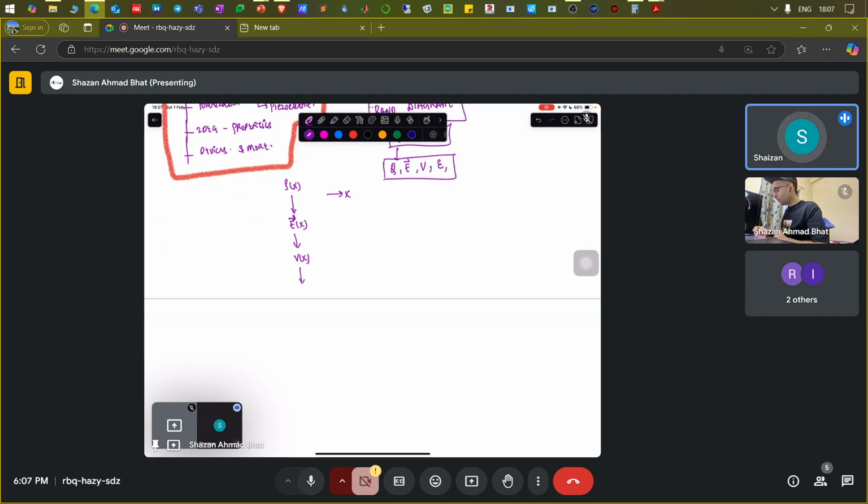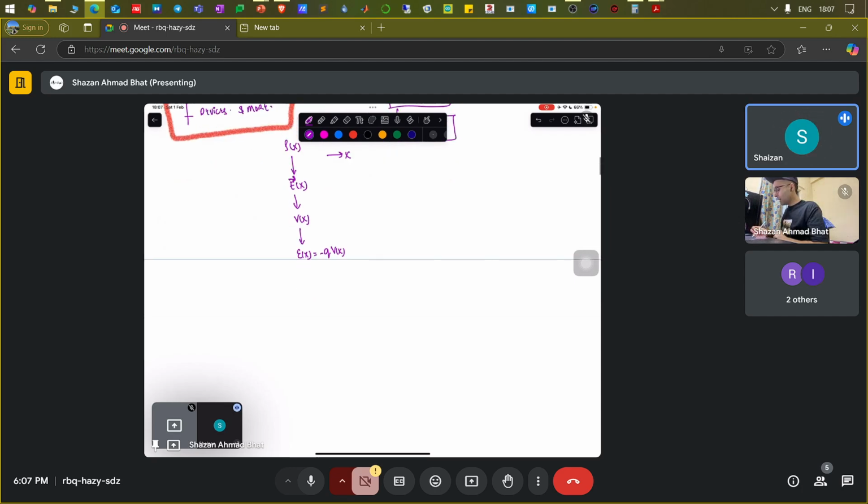If you know the potential, you always know the energy, E as a function of x, which is the electronic charge times the electrostatic potential. And if you know the energy, you know what is happening to the electron, because this is the electrostatic potential energy of the electron.